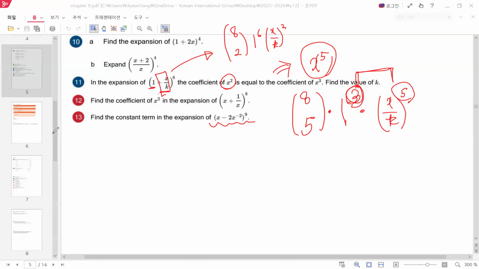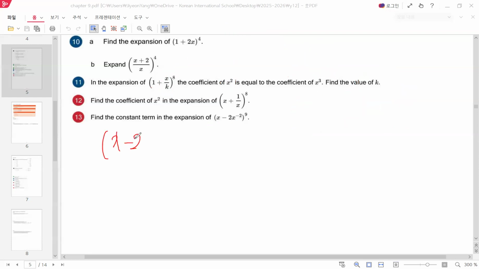Okay. So let's see question number 13. Wait for a sec. (x minus 2x^(-2)) to the power of 9. Maybe students, let's start from question number 12. Question number 12. So I am going to pick a general term.